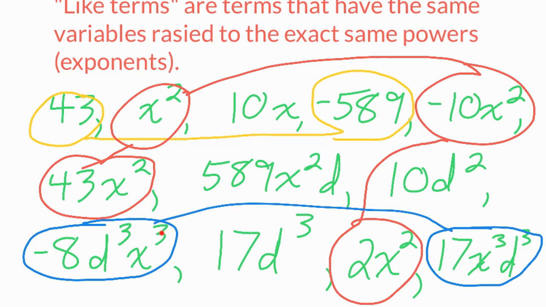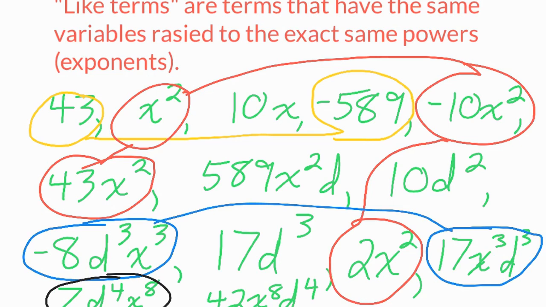Let me just give you another example. If I were to say, let's just do 7d to the 4th power, x to the 8th power, and 42 x to the 8th power, d to the 4th power. These would also be like terms.